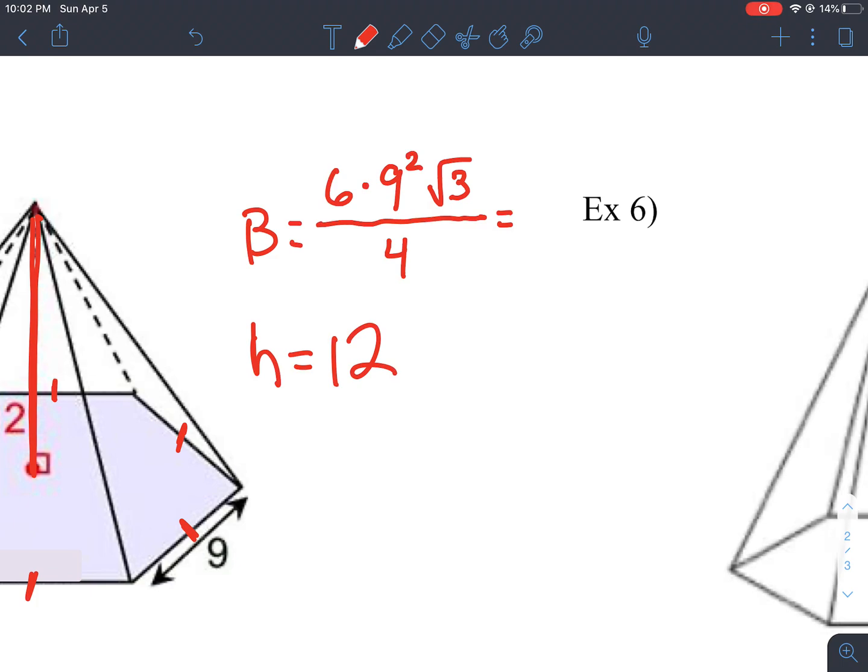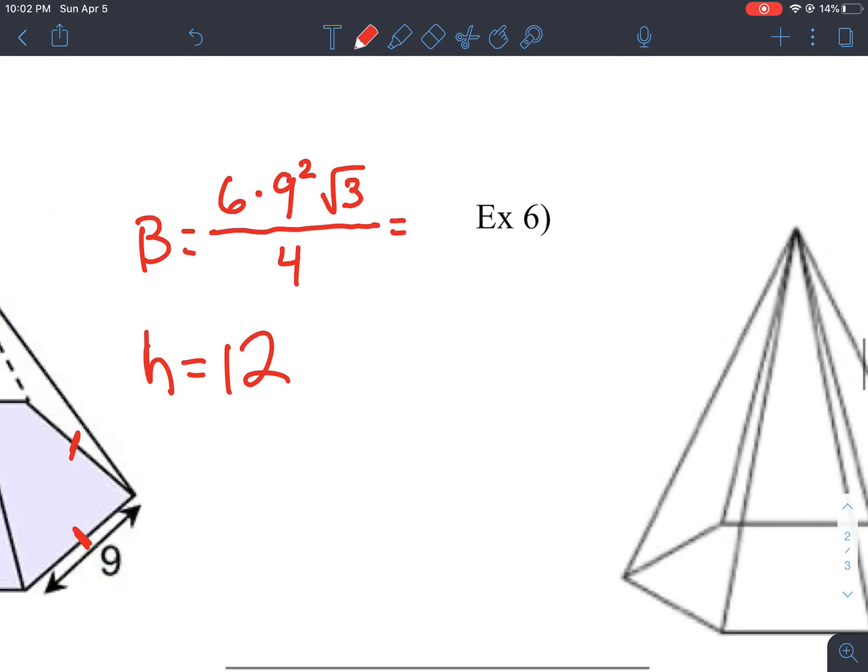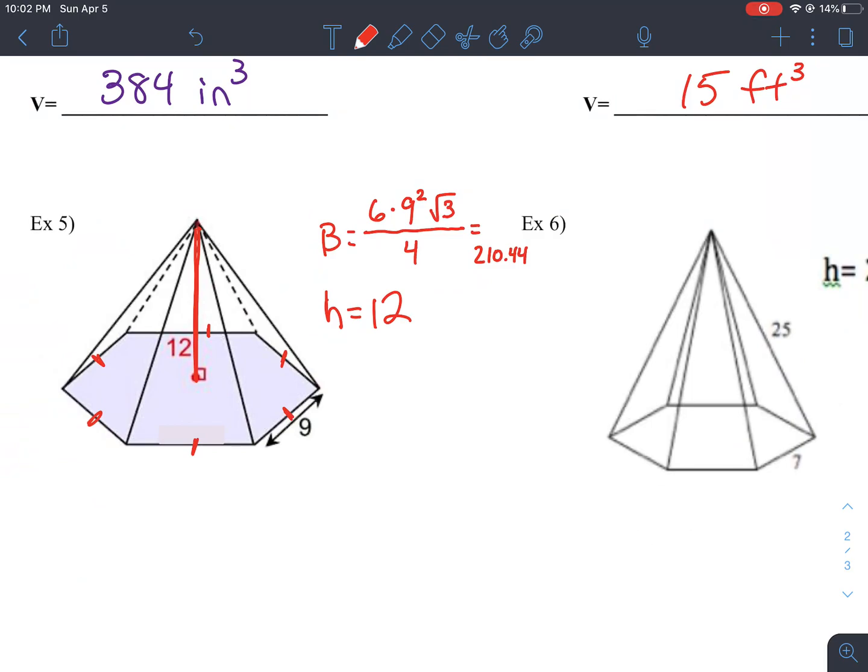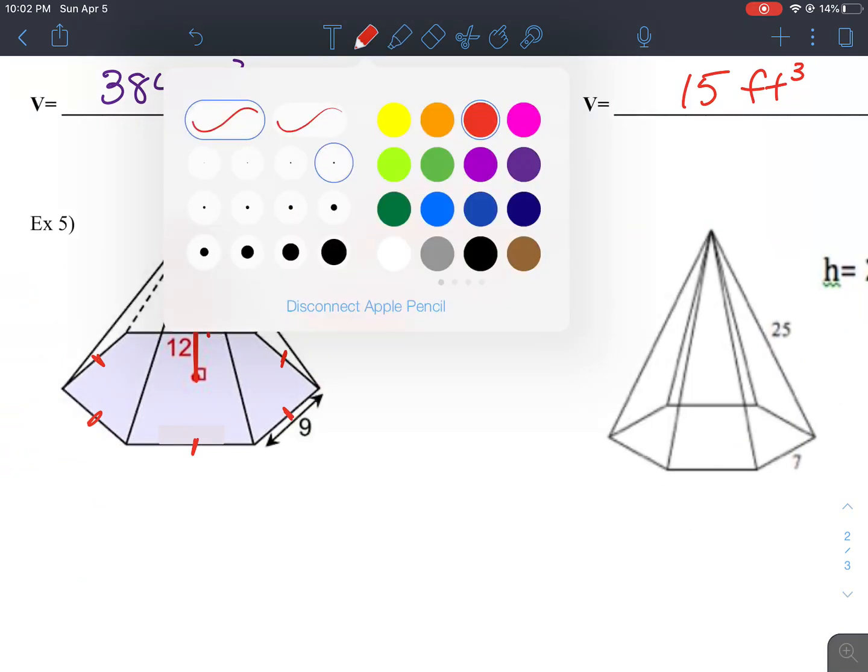And when we do that, 6 times 9 squared root 3 divided by 4, that comes out to be 210.44. So now I've got everything I need.